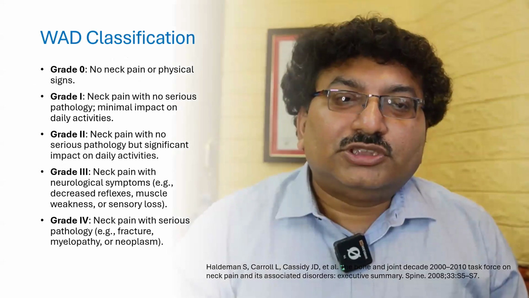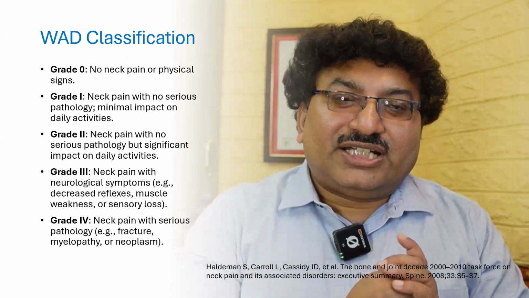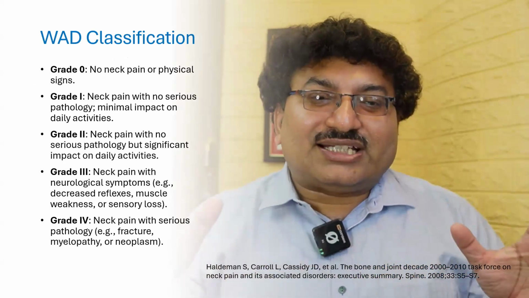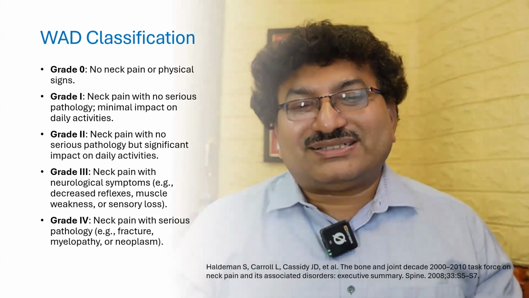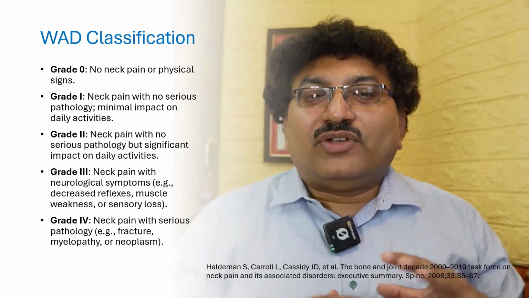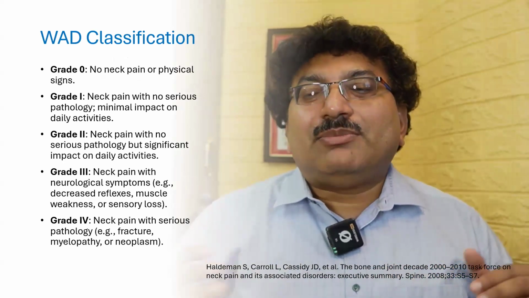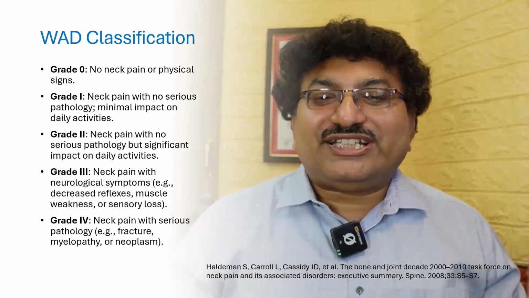Now coming to the classification of the whiplash associated disorders. It is usually classified like this: grade 0, no neck pain and no physical signs. Grade 1, neck pain with no serious pathology and minimum impact on daily activities. Grade 2, neck pain with no serious pathology but significant impact on daily activities.